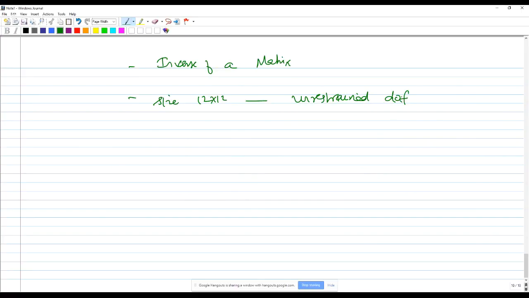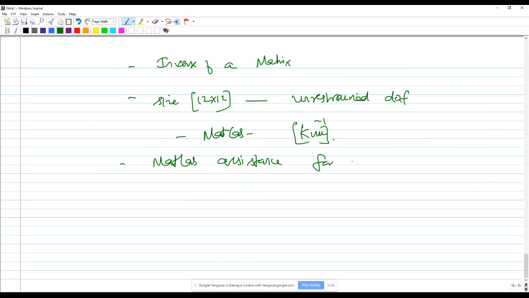You do not know how to take an inverse of a 12 by 12 matrix. Use the MATLAB subroutine directly to prepare what we call SKUU inverse. Similarly, you may require MATLAB assistance for matrix multiplication. We can even do this with the MATLAB subroutine.